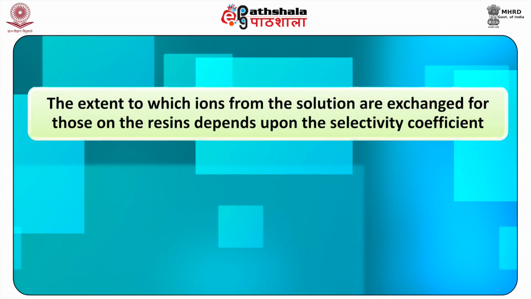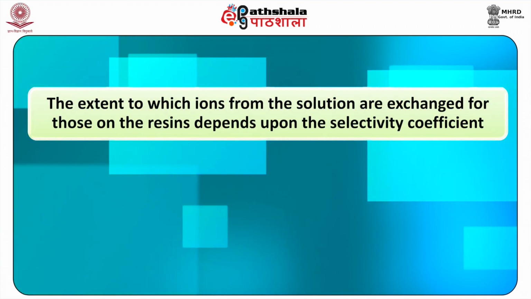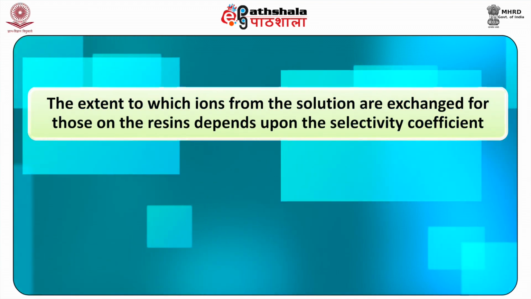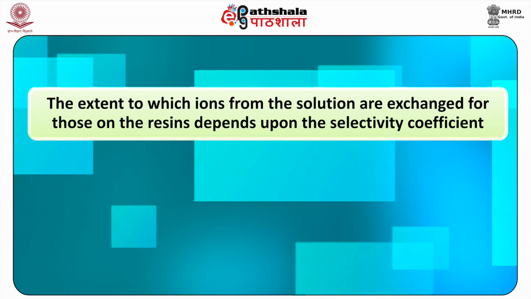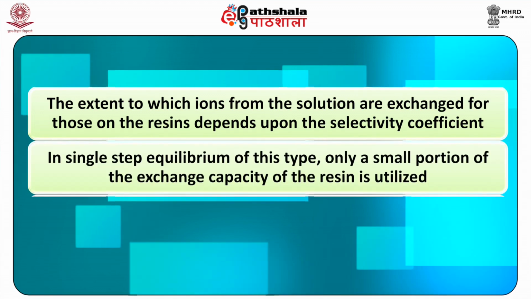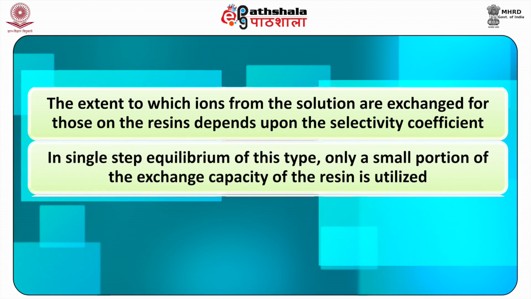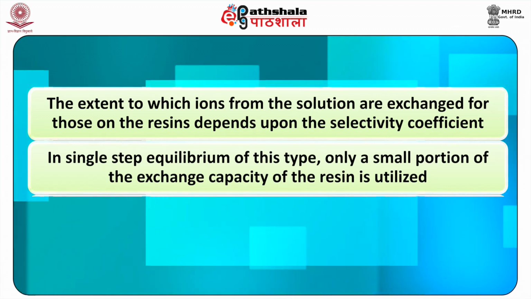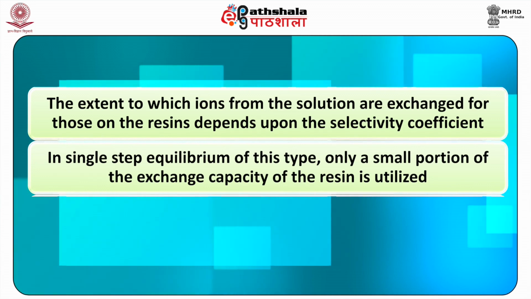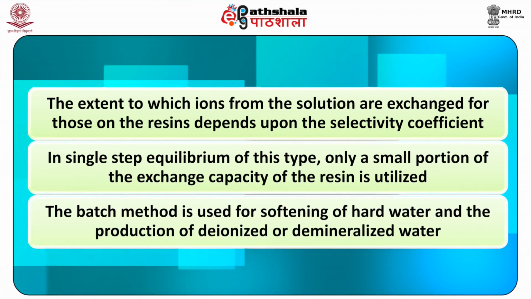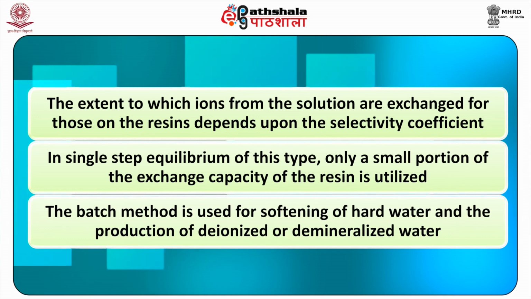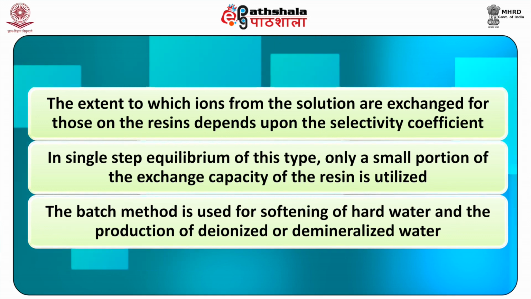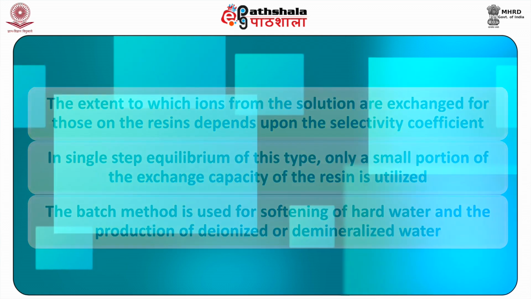The extent to which ions from the solution are exchanged for those on the resin depends upon the selectivity coefficient. In a single step equilibrium of this type, only a small portion of the exchange capacity of the resin is utilized. The batch method is used for softening of hard water and the production of deionized or demineralized water.